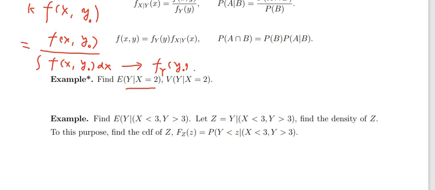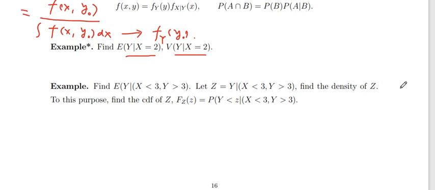The same idea: when we fix x, find the density function for y. Then once we have this, we can find the values or expectation, right? Under this condition, find the expectation of y. We just find what the distribution is under this condition.